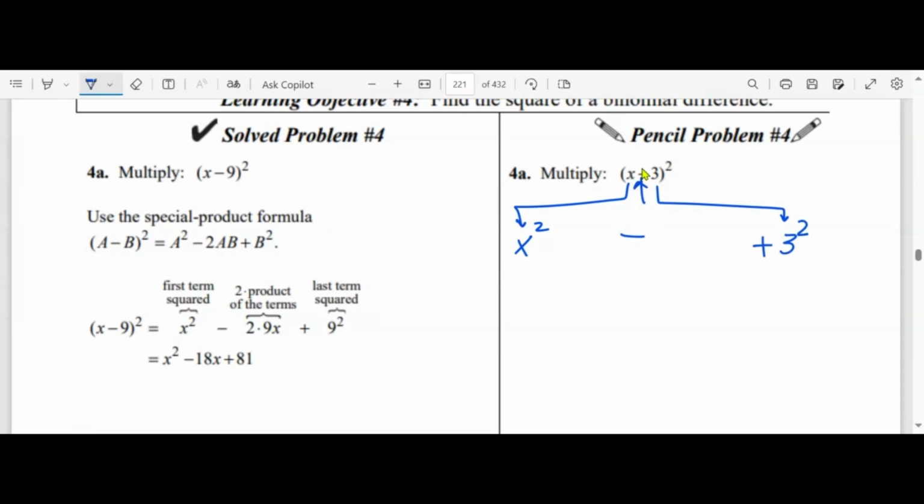And what about the middle? Multiply the first and the second times 2. 6x. Easy as easy. That's it. Copy, move, finish. Move on.